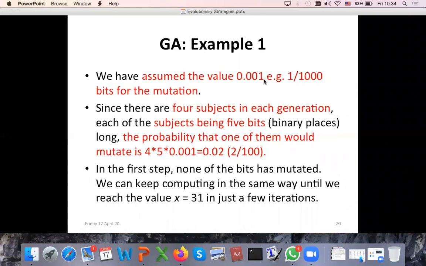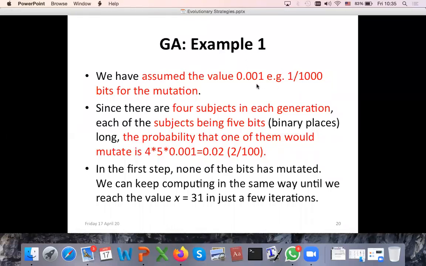What does this value mean? This value means 1 over 1000. So if we apply this concept on our example, which is about the bit string, we can say that in 1000 bits I can mutate only one bit.